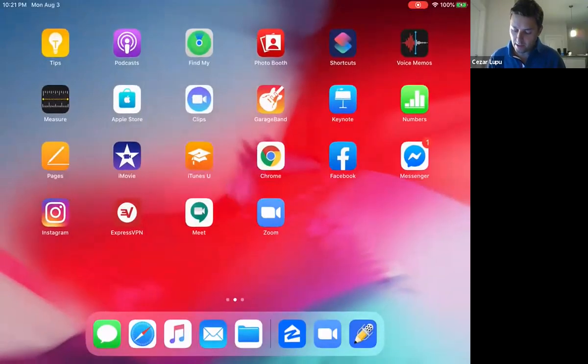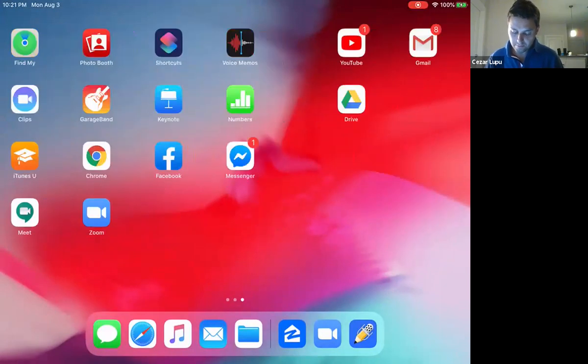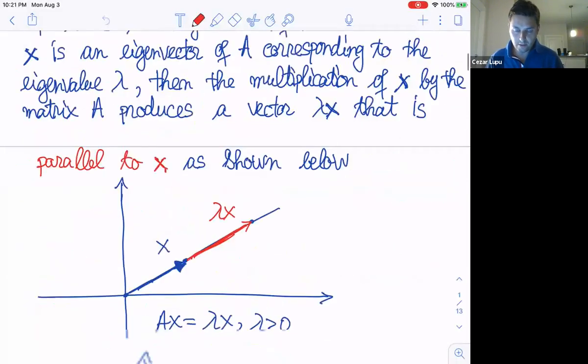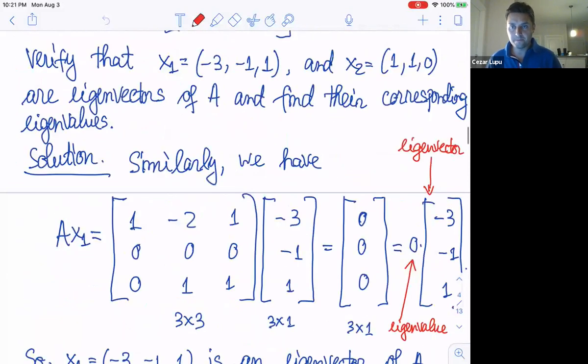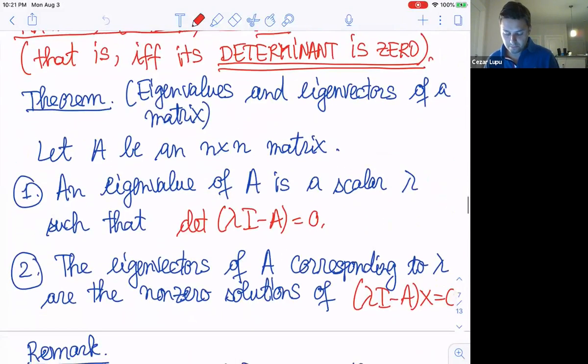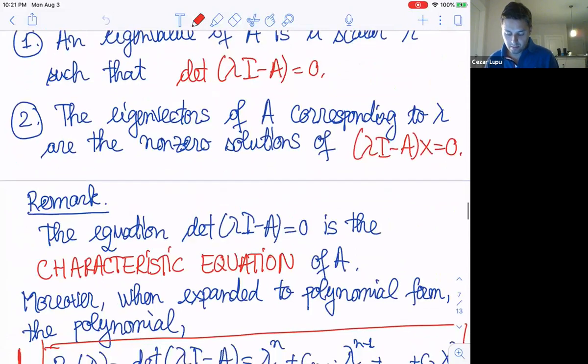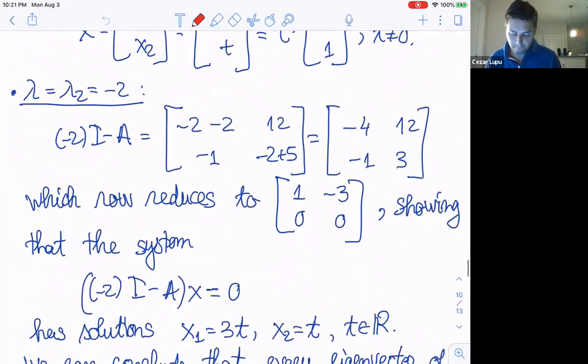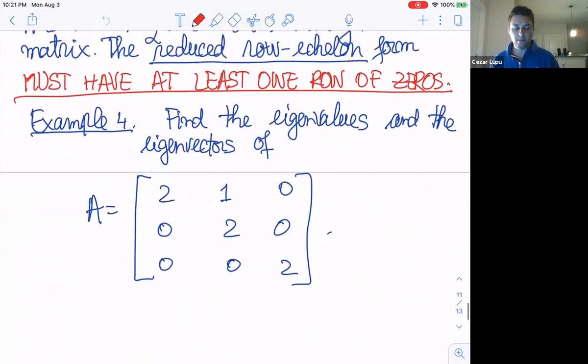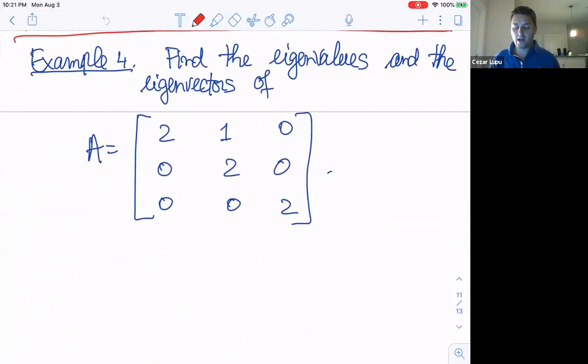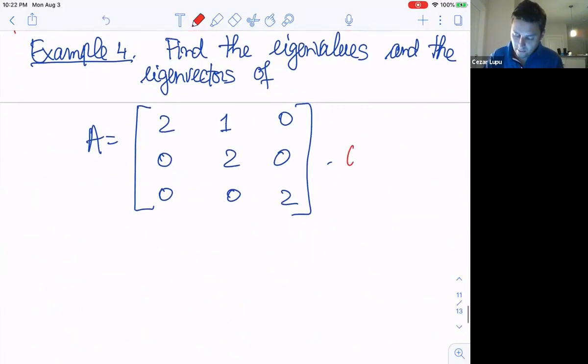I remember last time we started talking about the eigenvalues and eigenvectors of a matrix. And the last example that we did was to find the eigenvalues and the eigenvectors of this 3x3 matrix.